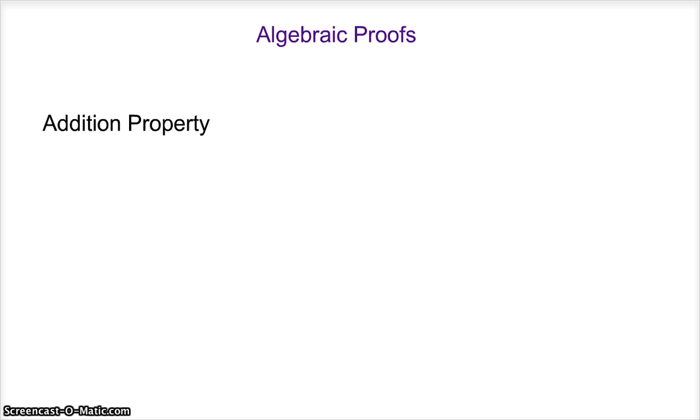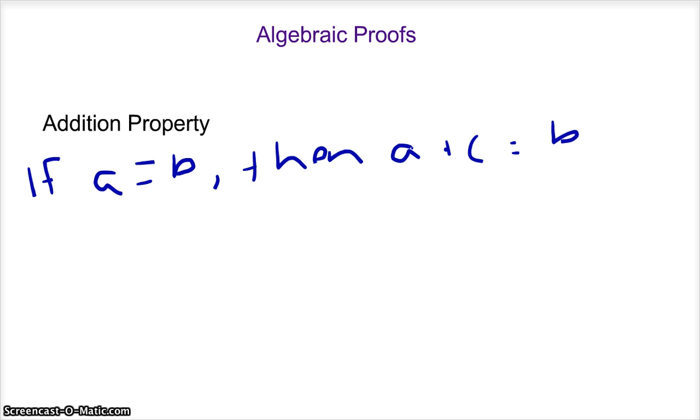Next, the addition property. The addition property states if A equals B, then A plus C equals B plus C. Really, with the addition property, if you add the same thing on both sides, it doesn't change your problem.